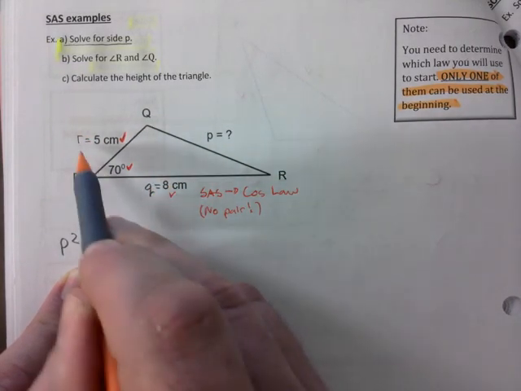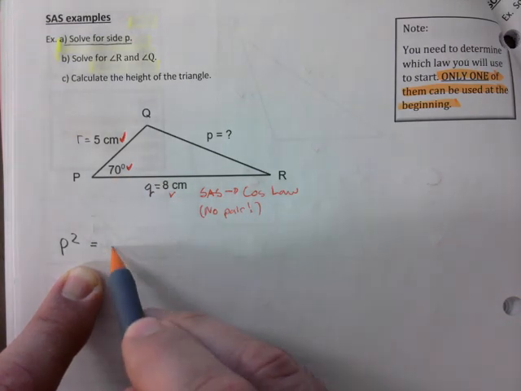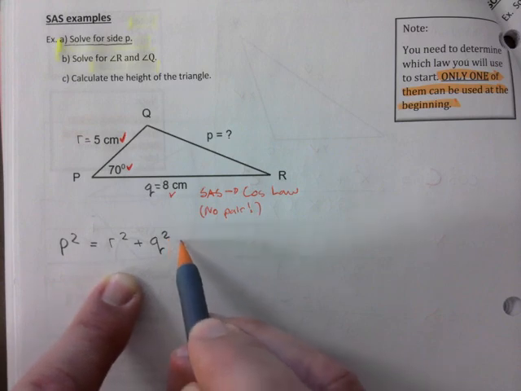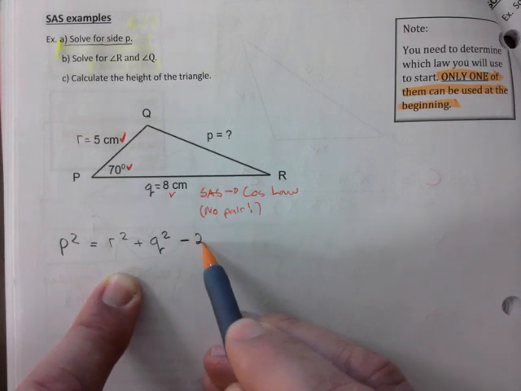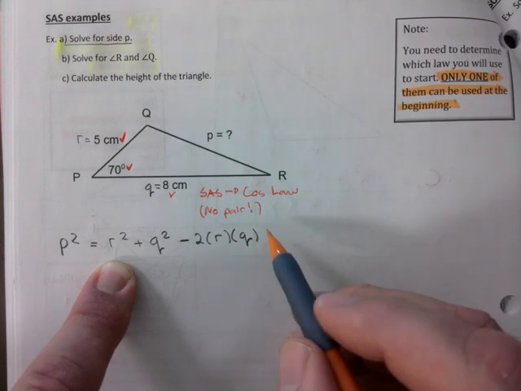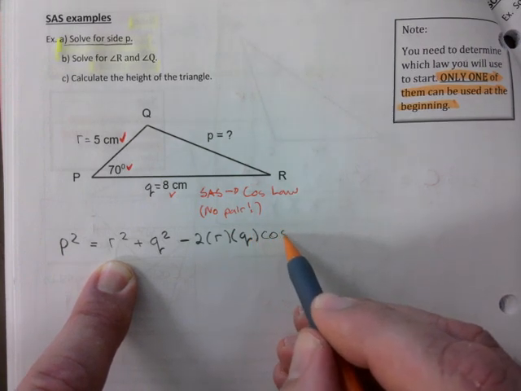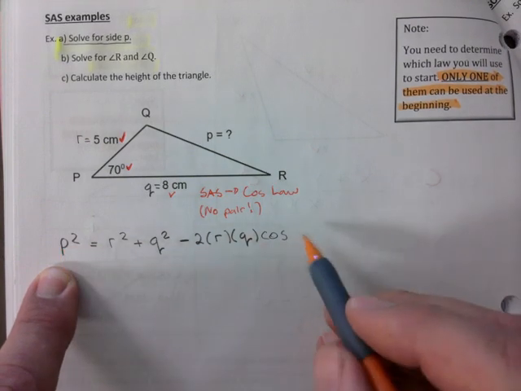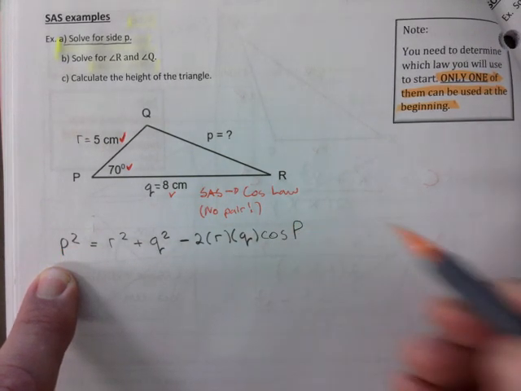Let's first use letters. So we would have r squared plus q squared minus 2 times r times q times cosine of, if we're trying to solve for side P, then you have capital P back here.